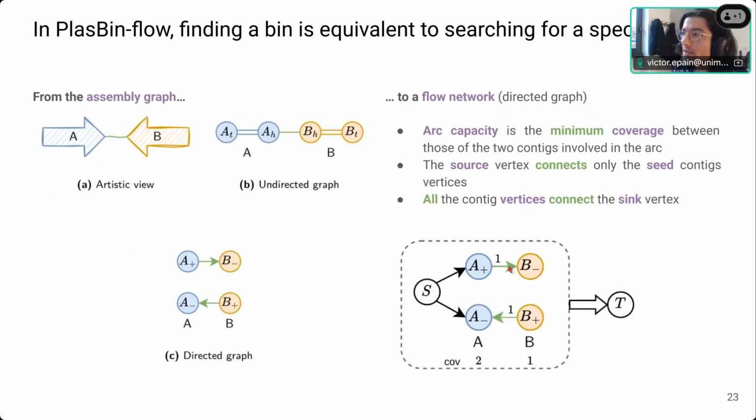And here the arc capacity is the minimum coverage between those of the two contigs involved in the arc. You cannot use more than the minimum of the two contigs involved in the relationship between two contigs. You cannot invent the presence of a contig. It's another way to say that. And okay, so now we have our network flow.